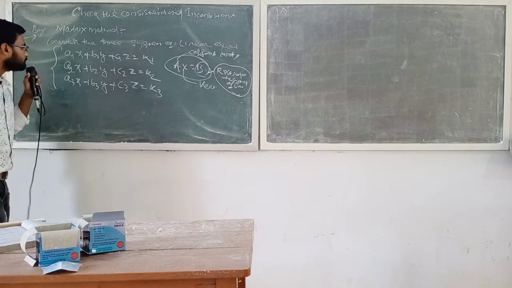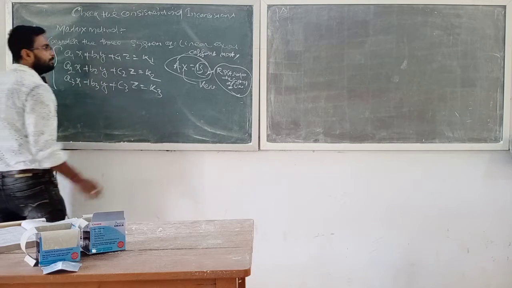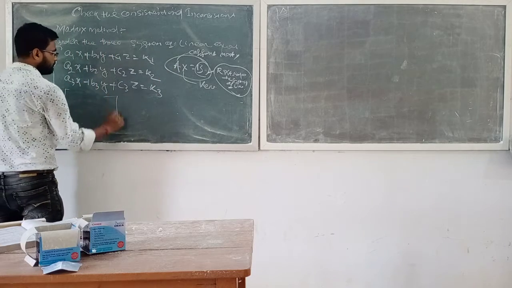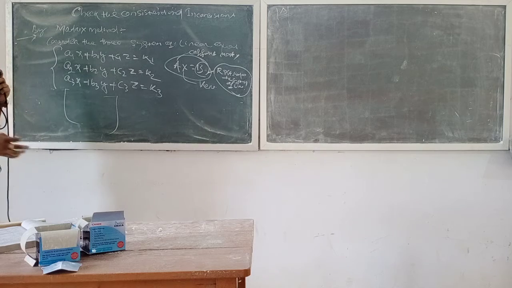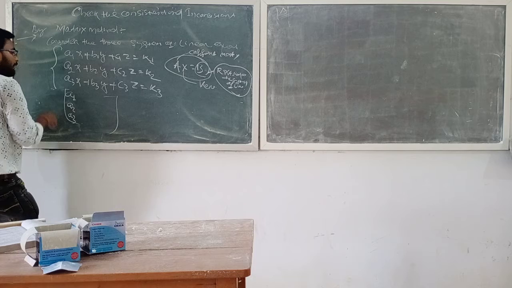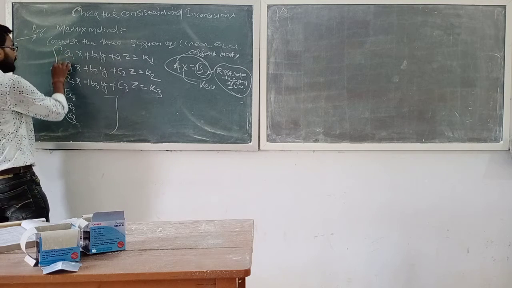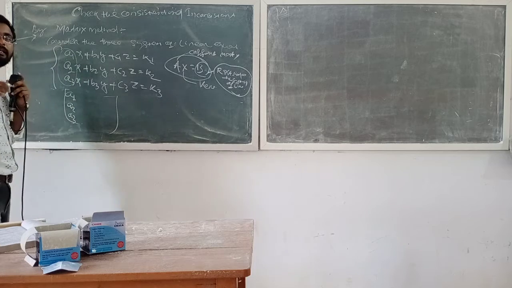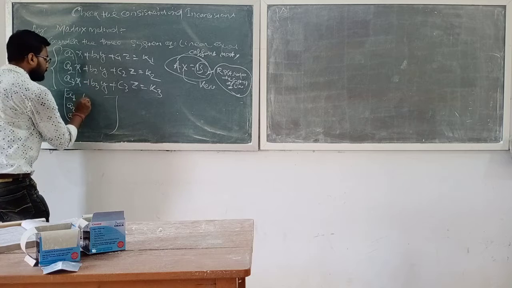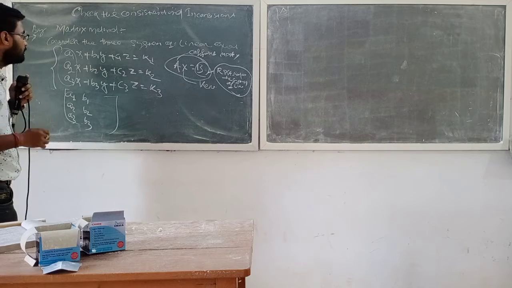First of all, we write the A matrix, the coefficient matrix of x, y, z. The first column is a1, a2, a3, the coefficients of x. Secondly, b1, b2, b3, the coefficients of y.